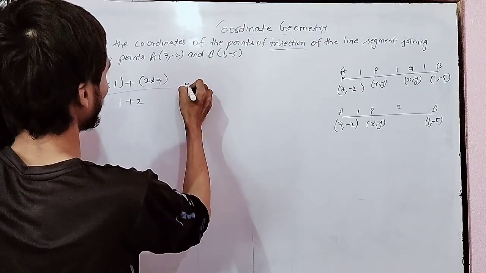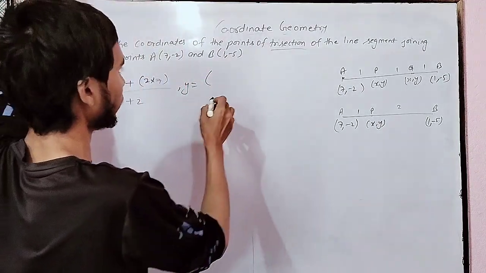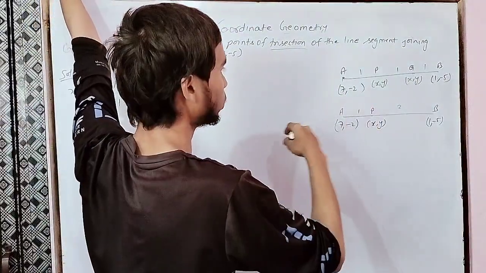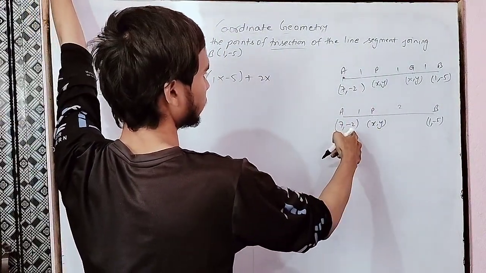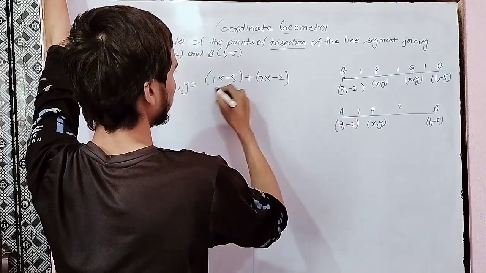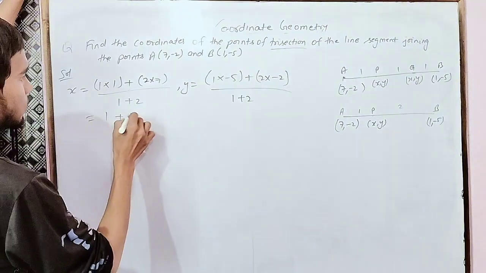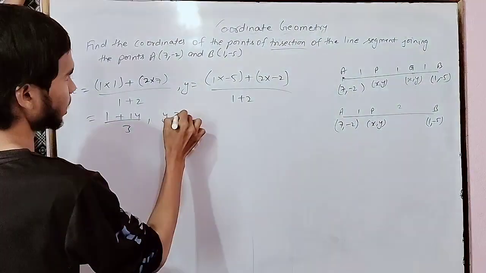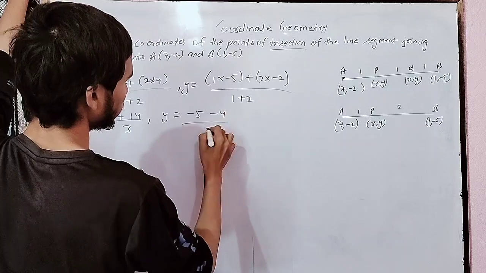Now for y: m1 multiplied by y2 which is minus 5, then 2 multiplied by y1 which is minus 2, upon 1 plus 2. So x is 1 plus 14 upon 3. y is minus 5 plus minus 4, which becomes minus 9 upon 3.